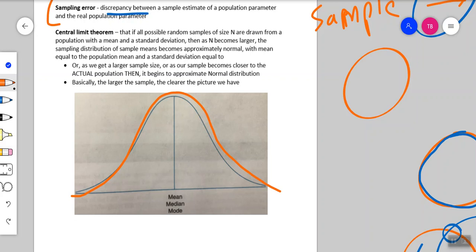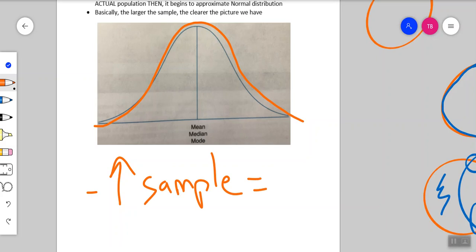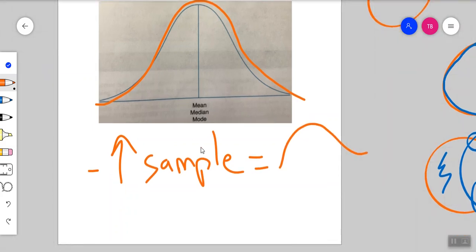The central limit theorem is what gets to that idea. If you run the math, the basic idea, and we'll go into more detail, is the bigger your sample, the closer it is to a normal curve. The reason is, the more sample size you get, the more closely it aligns with the actual population.